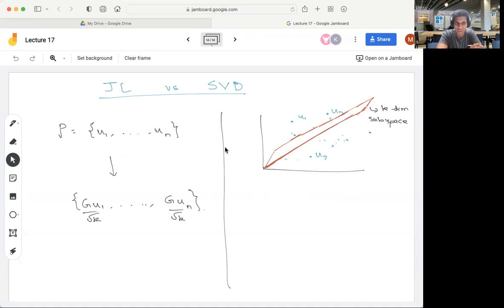So this low-dimensional proxy for our data set is a good one. All distances are approximately preserved.